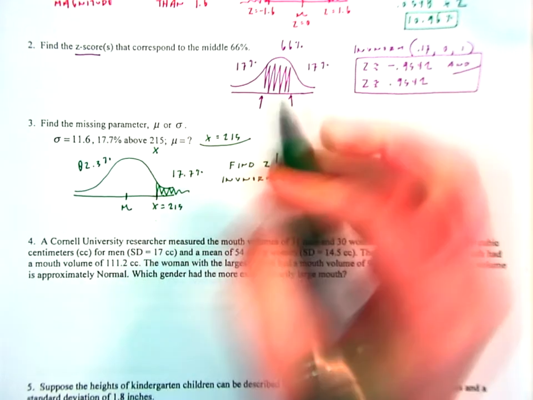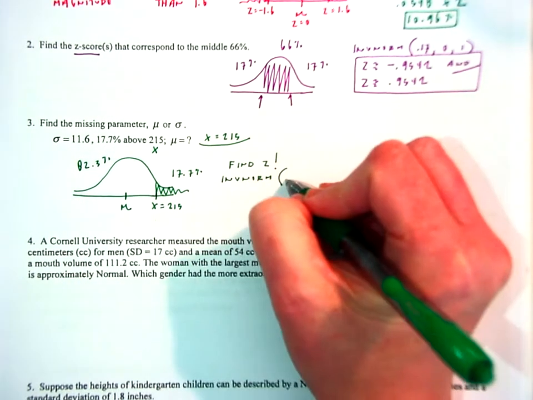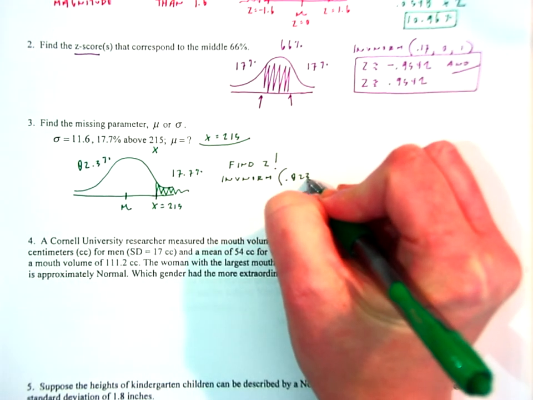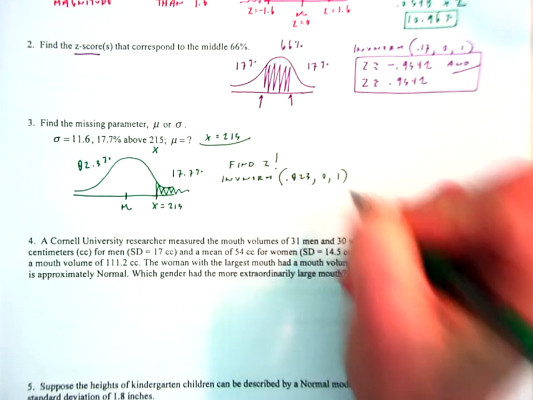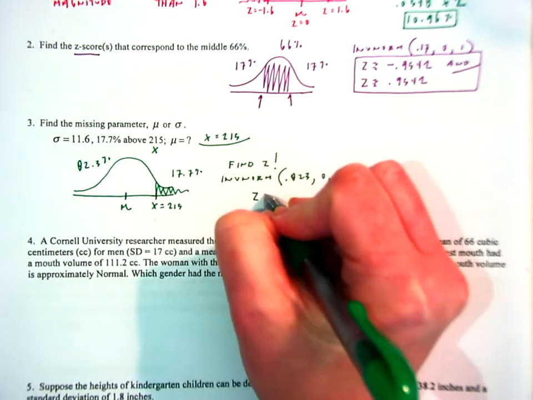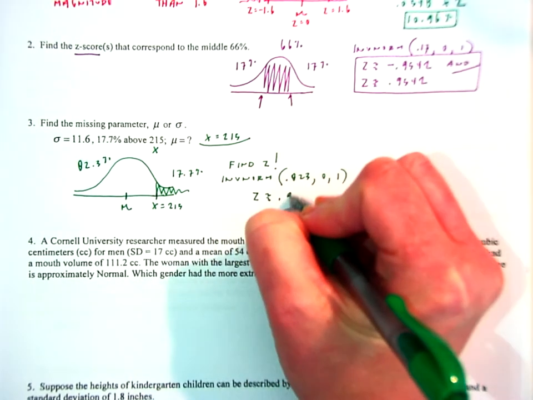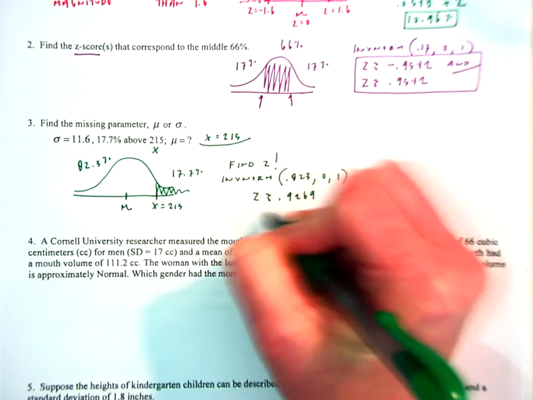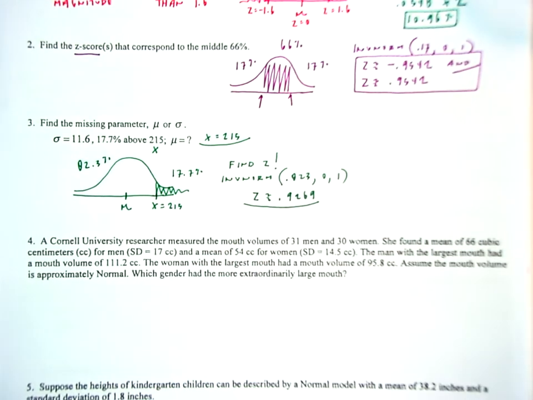Okay, proportion below, that area below is 0.823. Mean, standard deviation, 0 and 1. Okay, that's going to give me a z-score of about 0.9269.